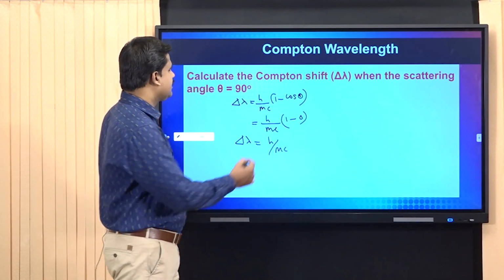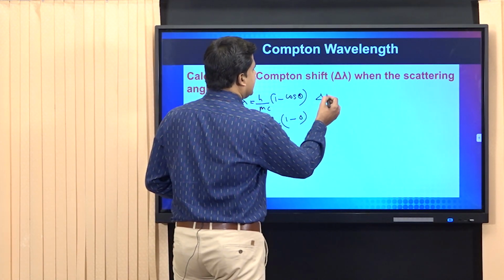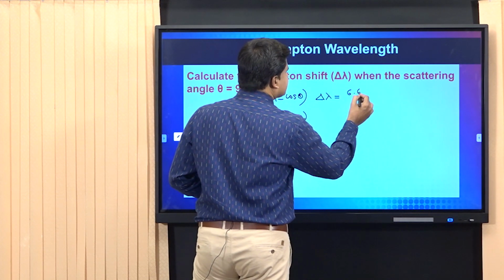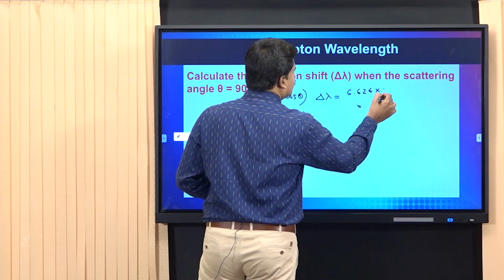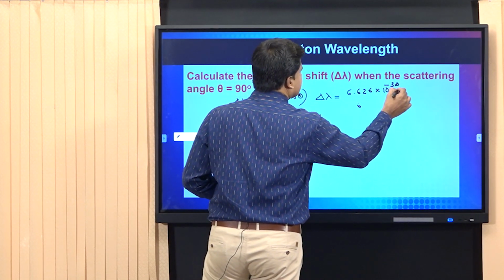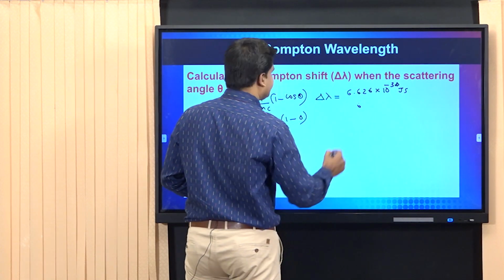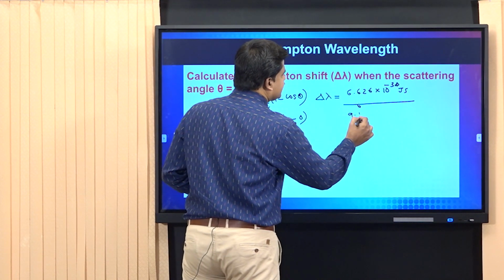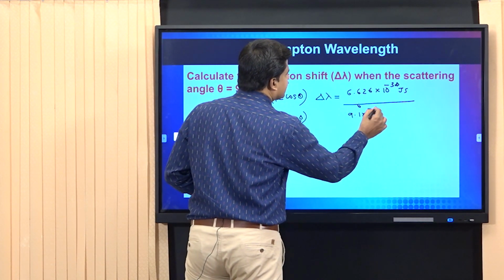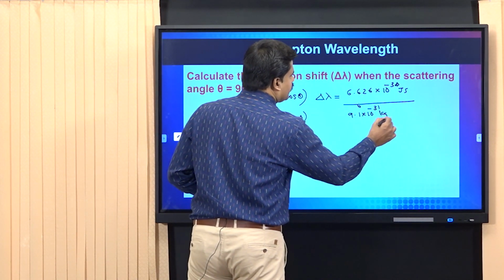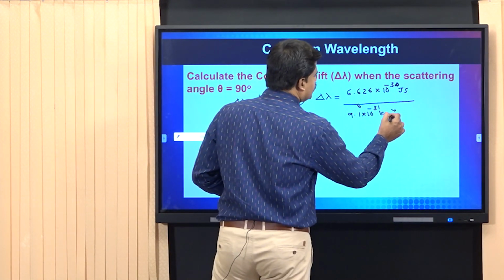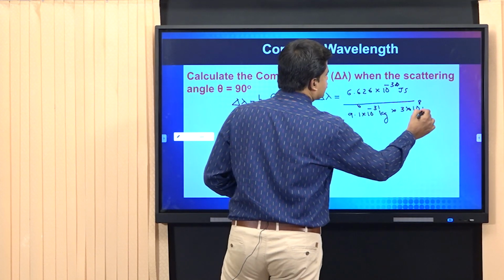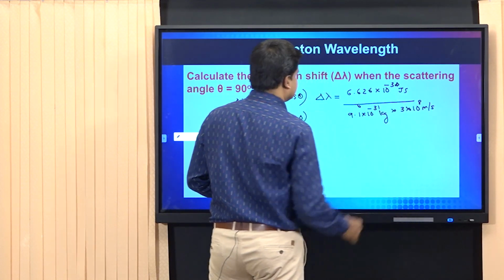On substituting, we will get delta lambda equal to 6.626 into 10 raised to minus 34 joule second divided by mass of electron, that is 9.1 into 10 raised to minus 31 kilogram, into velocity of light, that is 3 into 10 raised to 8 meter per second.